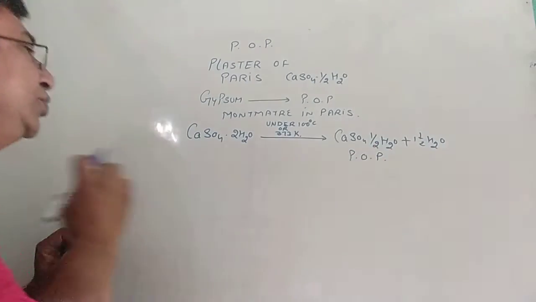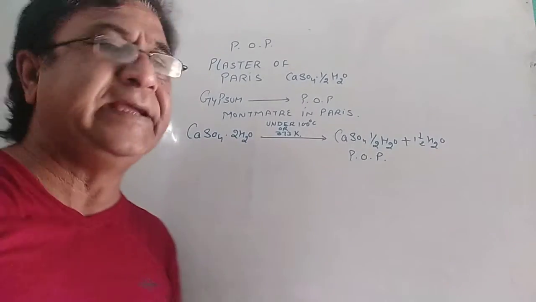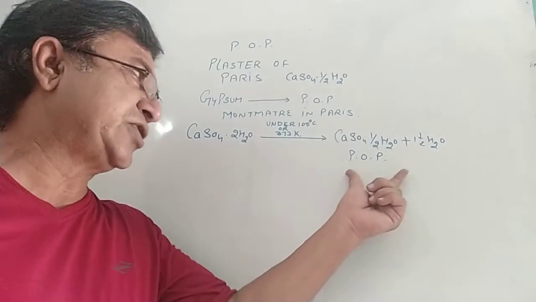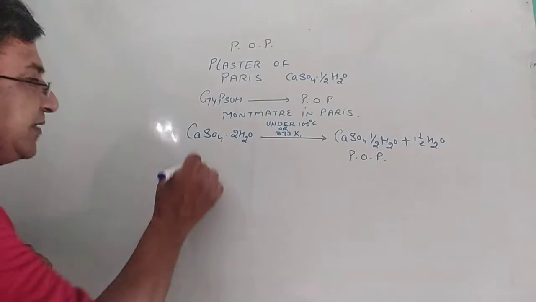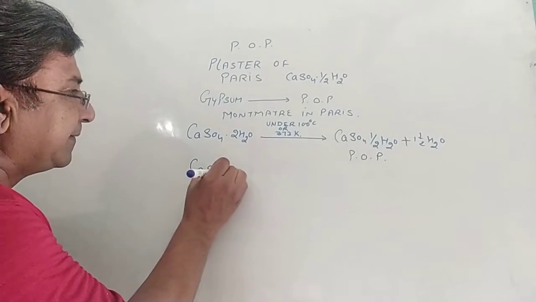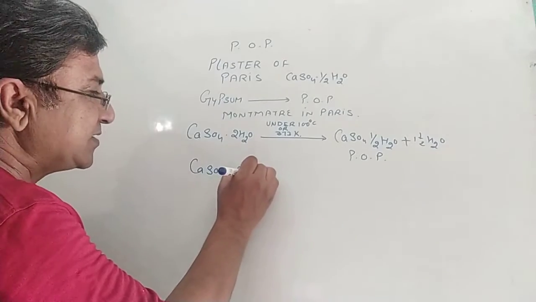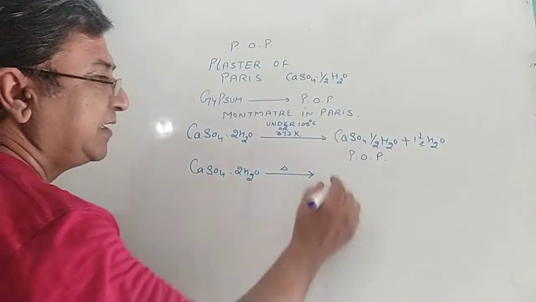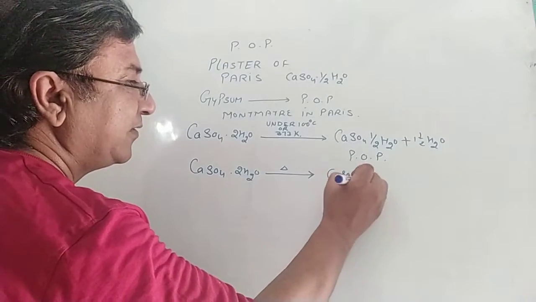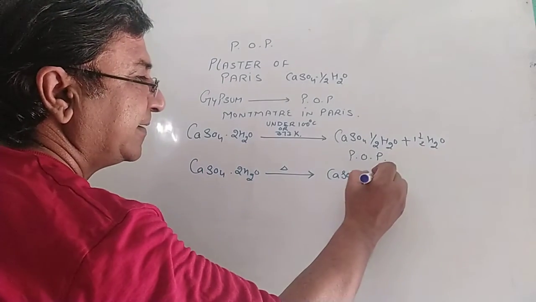Remember, you have to very carefully heat gypsum for the preparation of POP. Why so? Because if excess heat is given, most of the water will evaporate and what is left behind will be calcium sulfate.